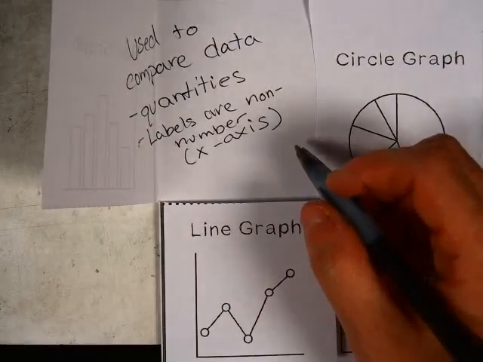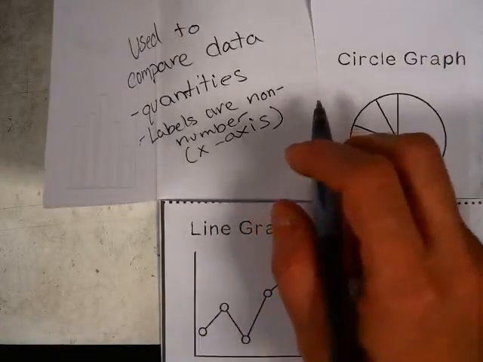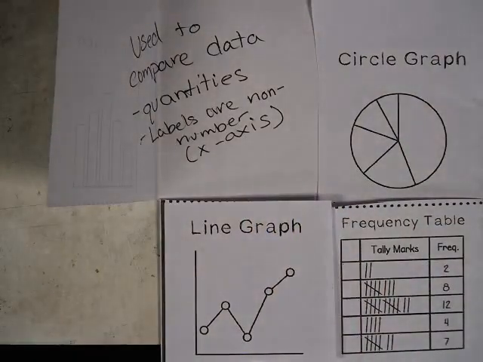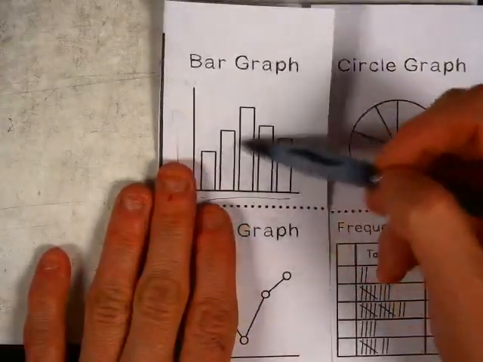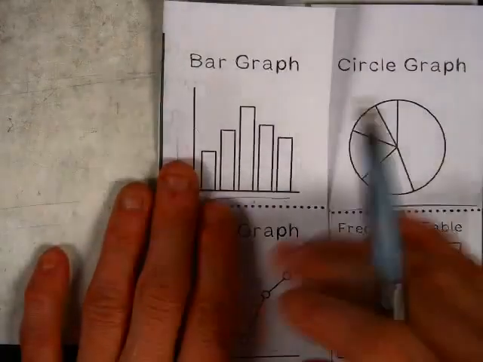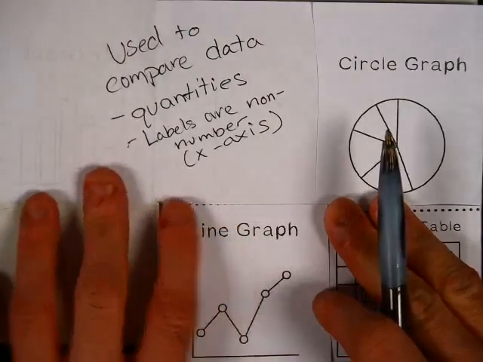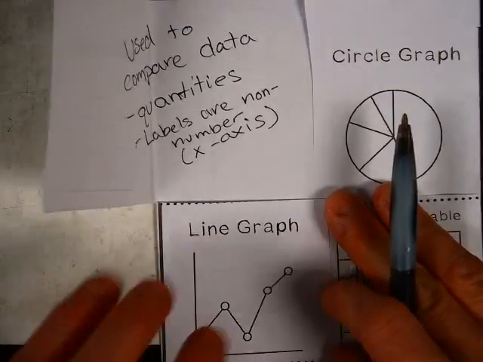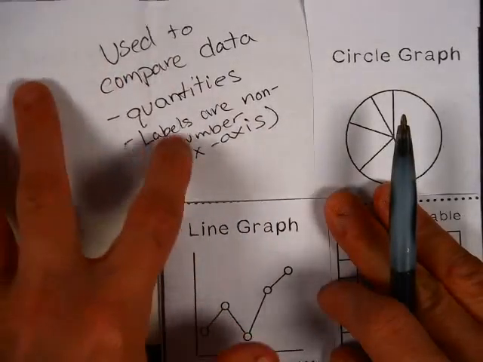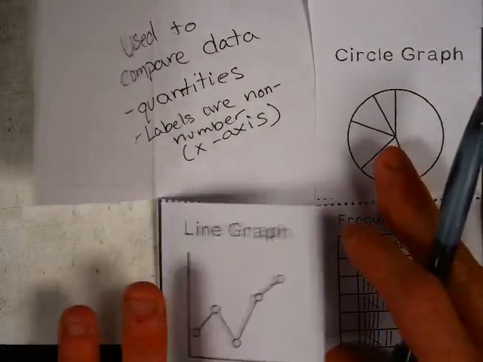So they tend to be, what's your favorite class? Science, history, whatever. Then you can tell me how many people like science the most, or Texas history, or social studies, or PE. So it's used to compare data, but the X values tend to be non-number.